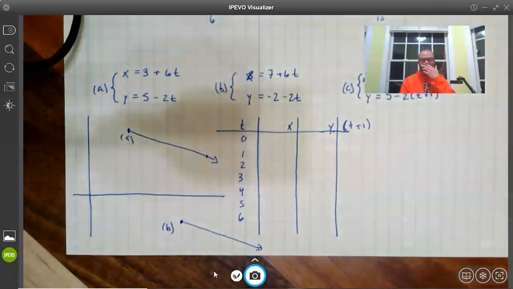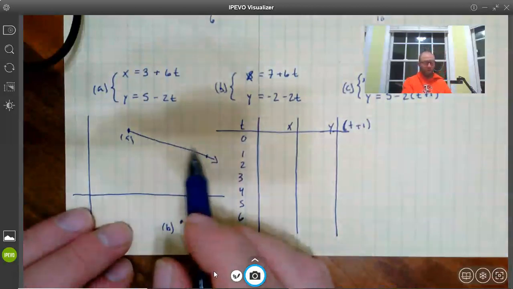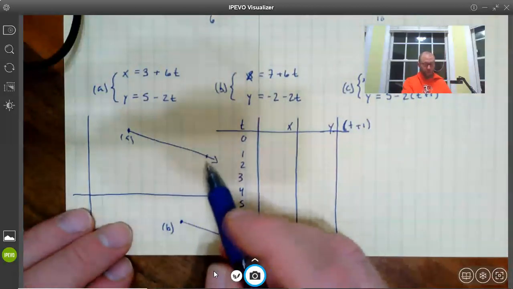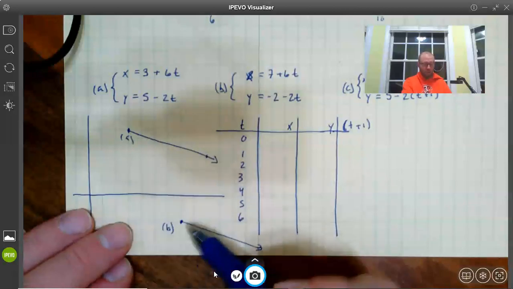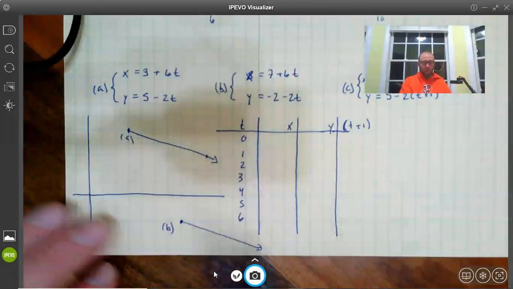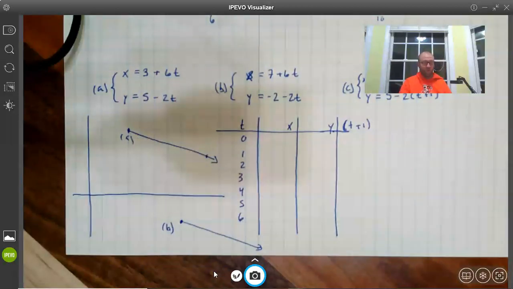So A and B follow parallel paths, but they are never going to be at the same set of points. At any given point in time, this point up here will be up and back a little bit from where this one is.